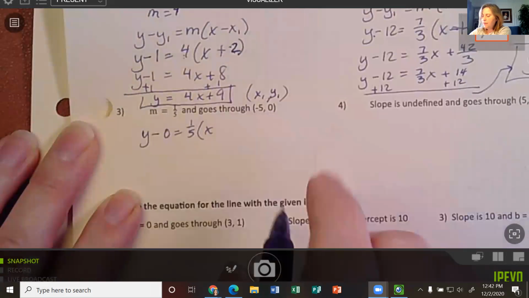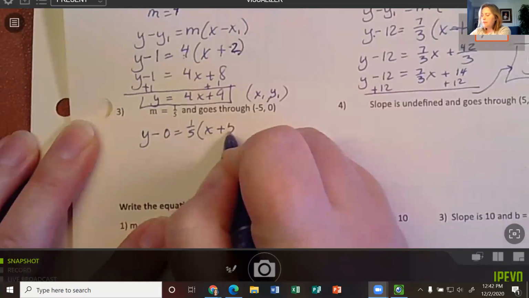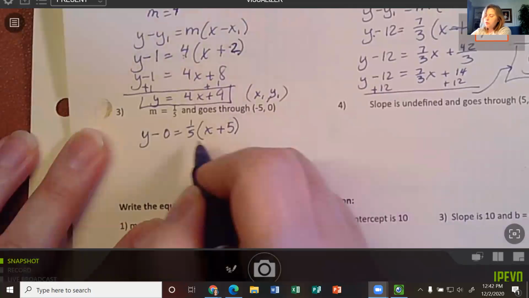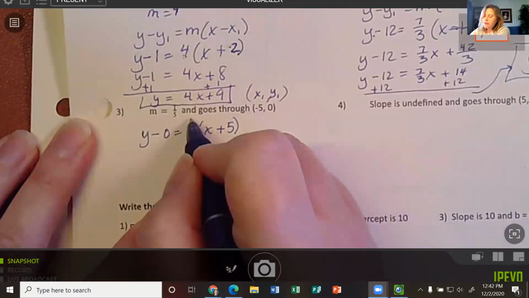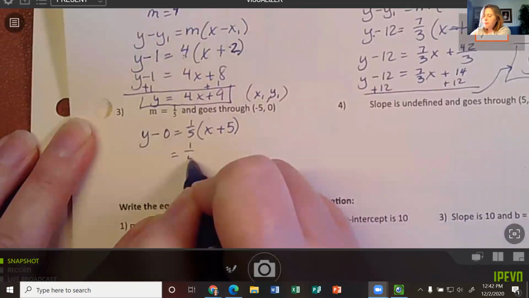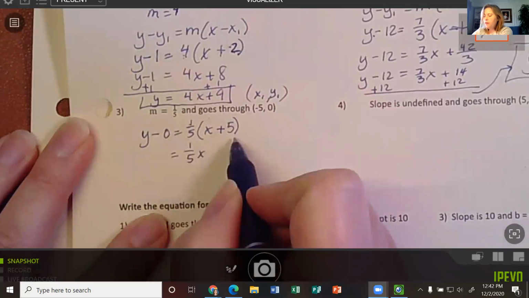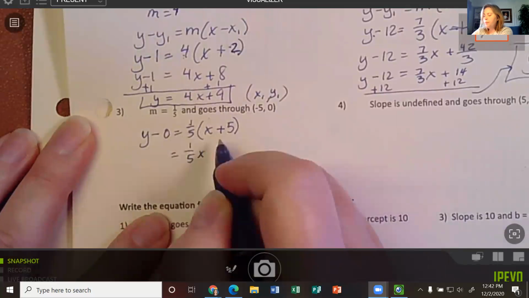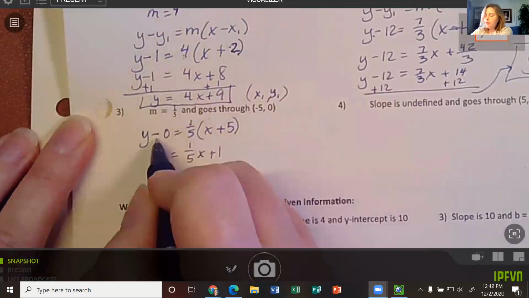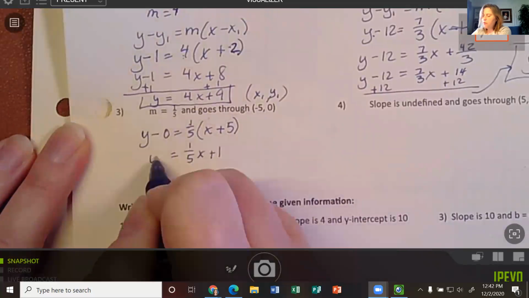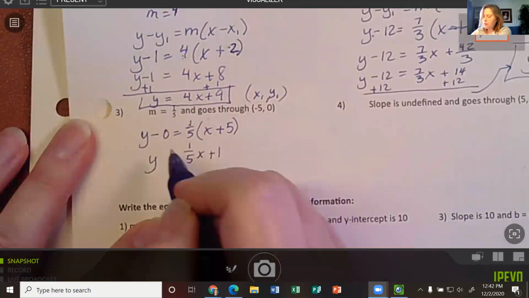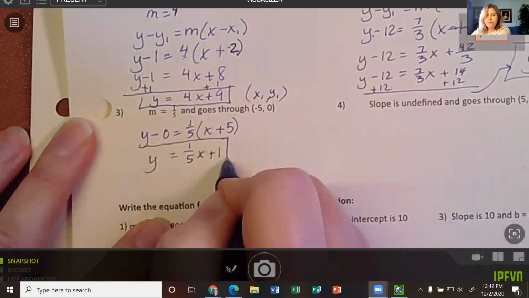We can write minus -5, or we can write plus 5. So then we distribute here. 1/5 times x is 1/5 x, and 1/5 times 5. Remember, of means multiply, so 1/5 of 5 is 1. Y minus 0 is just y. Okay, so we have y equals 1/5 x plus 1.